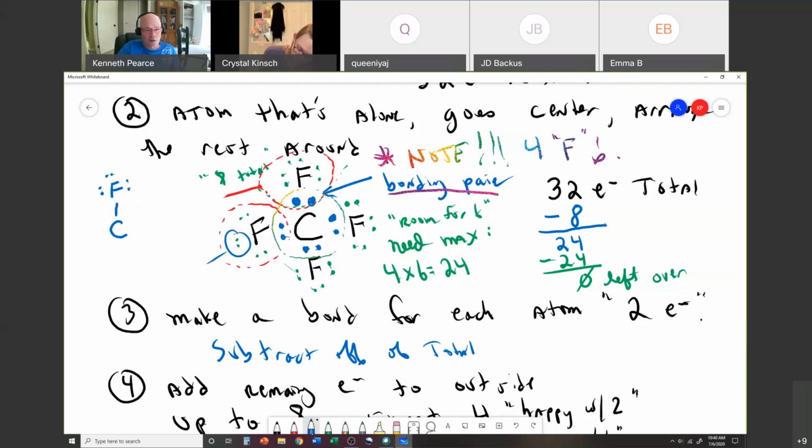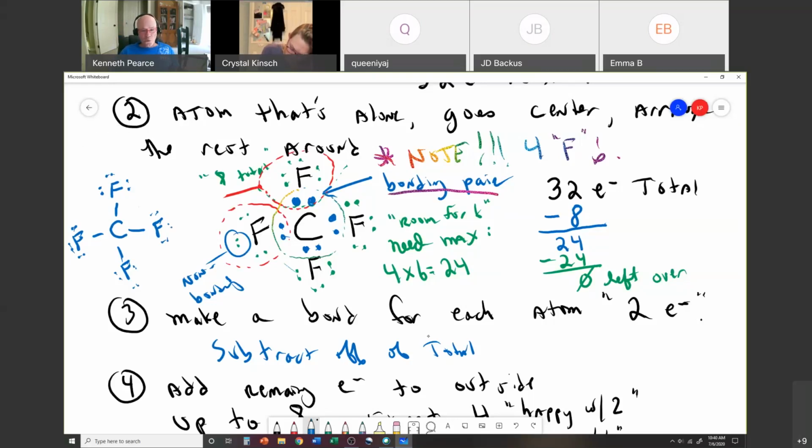This is a non-bonding pair. We'd still put them in there, but we would replace the bond with a line. There we go. So we have replaced the bonding with lines, and that's our structure right there.